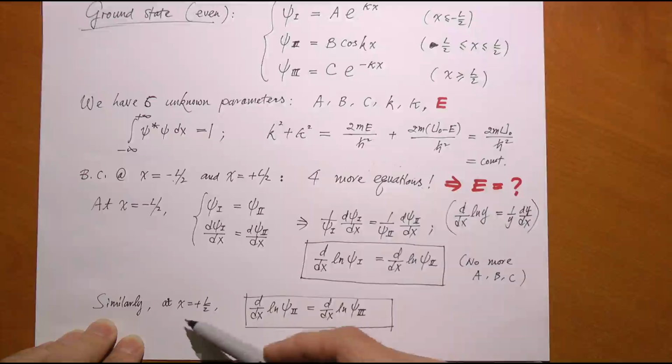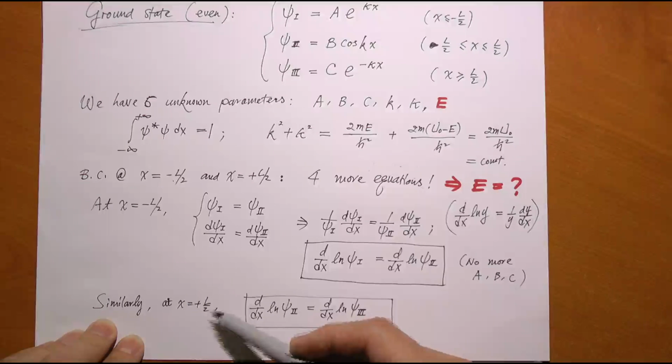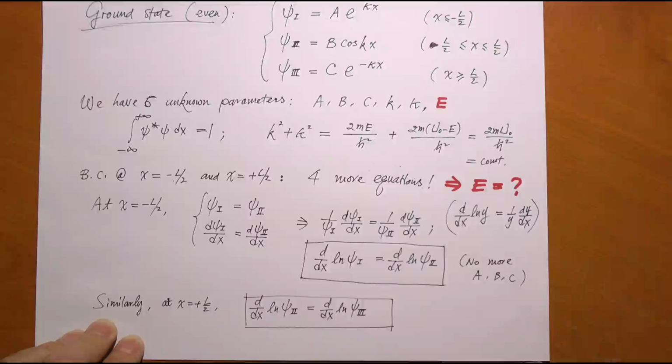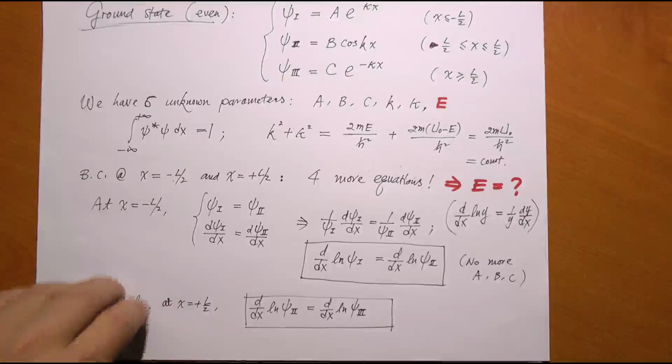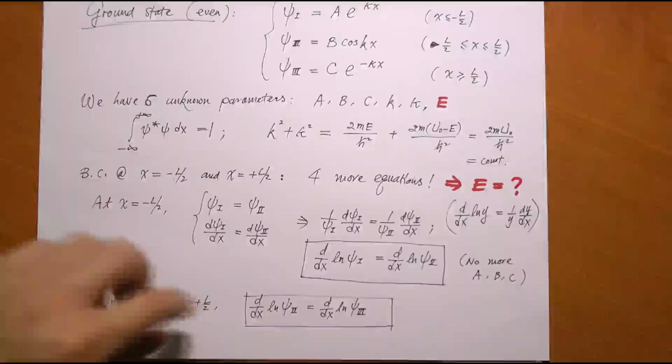Now, similarly, at x equals positive L over 2, that's the right edge of the potential well, I have, again, the natural log of the wave function going from region number 2 to region number 3 must also be continuous, right? And let me plug in some numbers for this one and for this one.